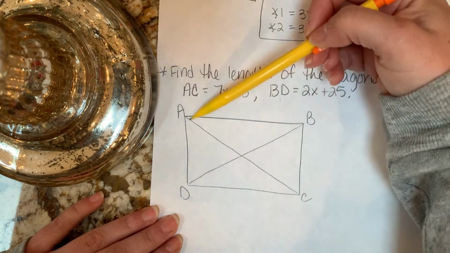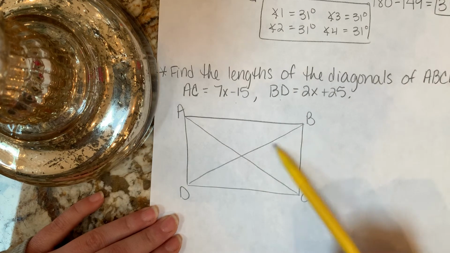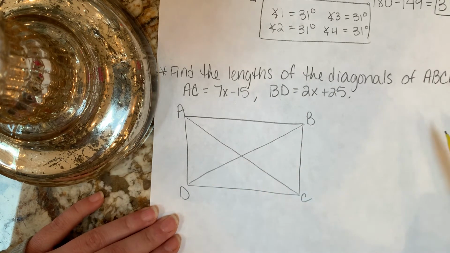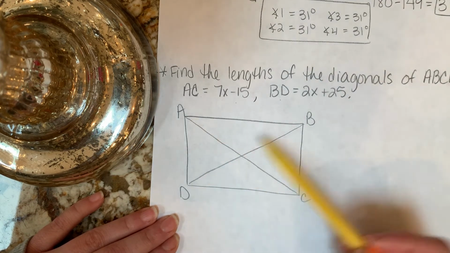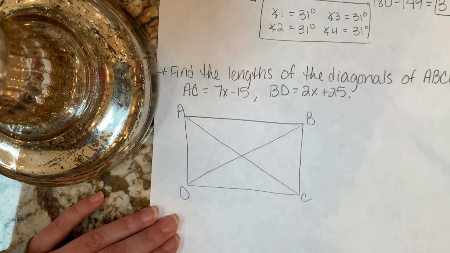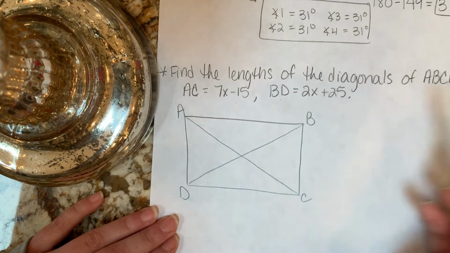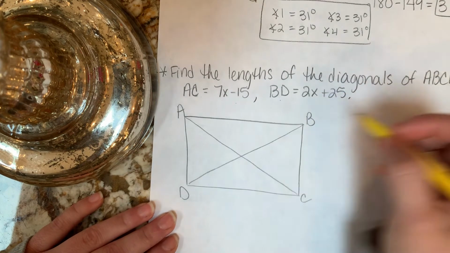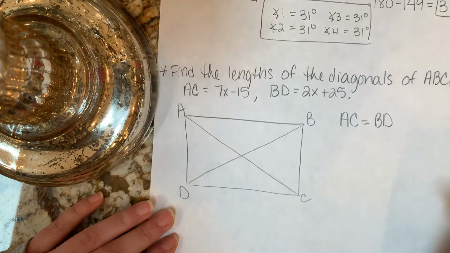AC is this diagonal of the rectangle and BD is this diagonal. In the notes, the theorem states that the two diagonals are equal to each other, so we set up an equation: AC equals BD.